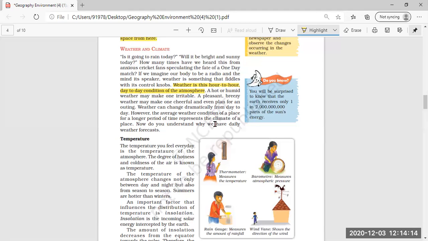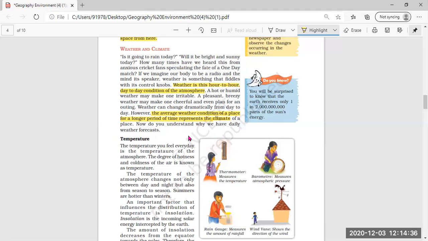However, the average weather condition of a place over a longer period of time represents the climate. If the same weather condition remains for a longer, bigger period, it is termed as climate.